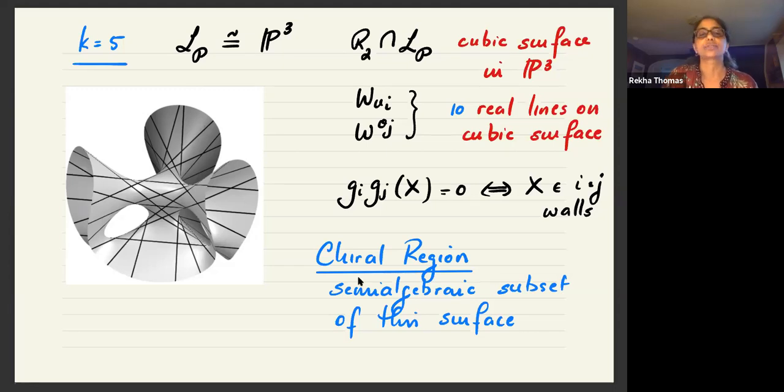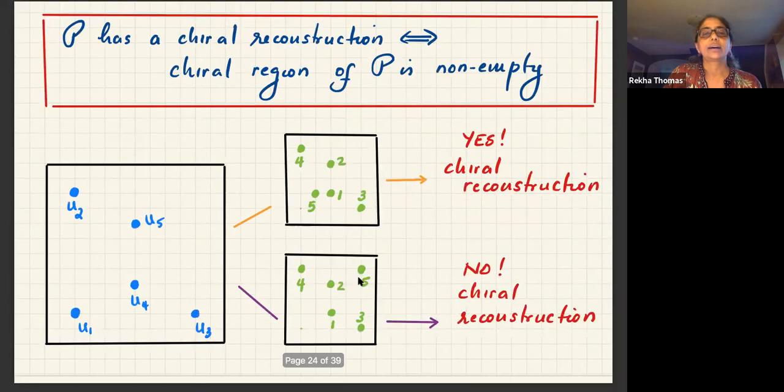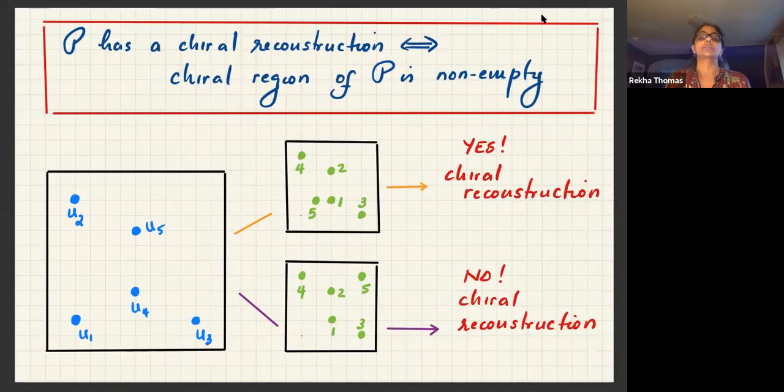So this is an example just to give you a sense of what these geometric objects are. Where we are at this point is we can conclude now that P has a chiral reconstruction if and only if this chiral region is non-empty, right? So on this cubic surface, which is for K equals 5, but in general, there is some semi-algebraic set.